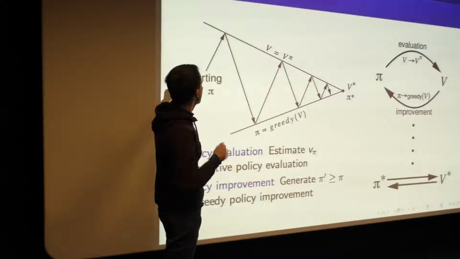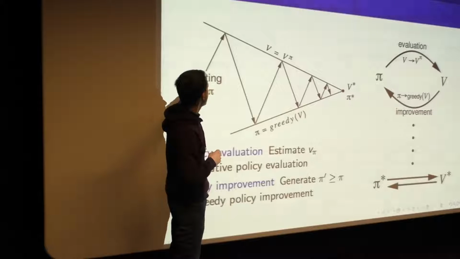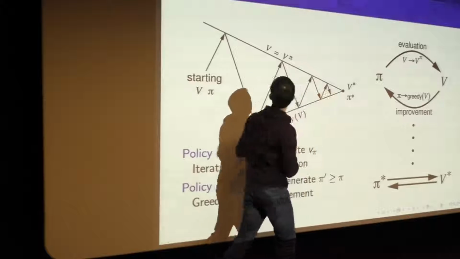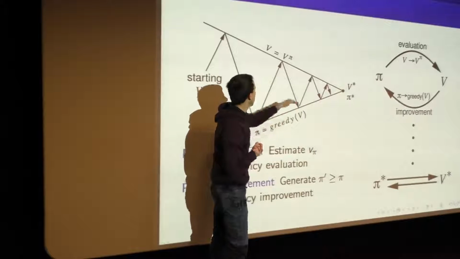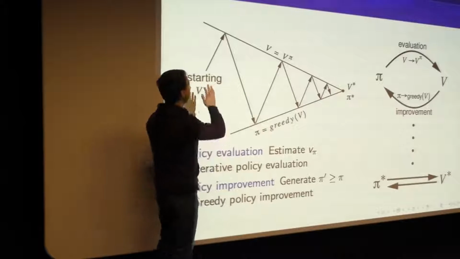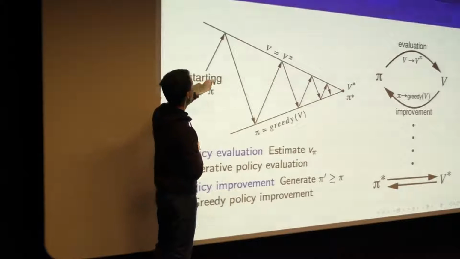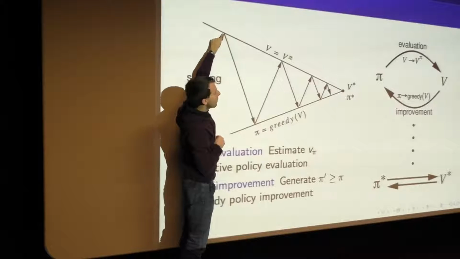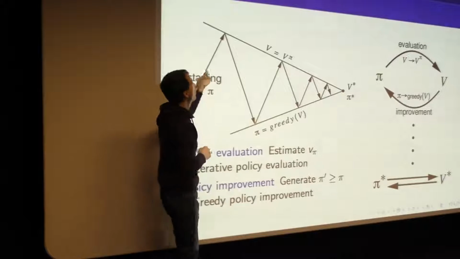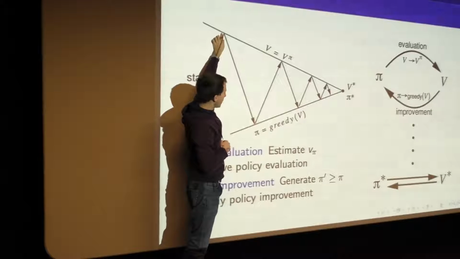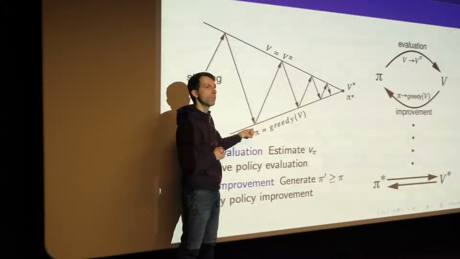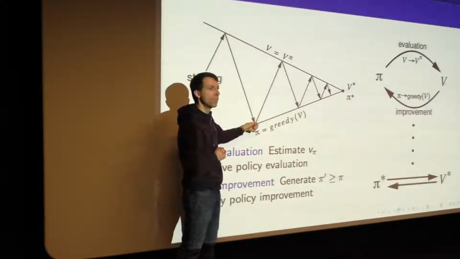We do policy evaluation on our up arrows, and policy improvement on our down arrows. So we start off with a V and pi, and we set our value function to evaluate exactly this initial policy on the first arrow. Once we've got that value function, we act greedily with respect to it to give us a new policy.